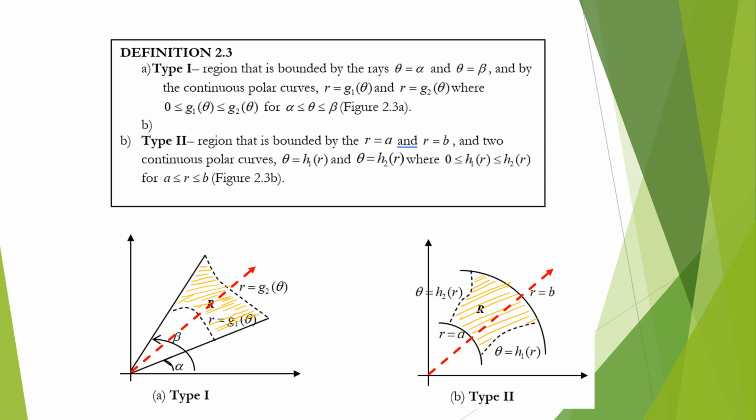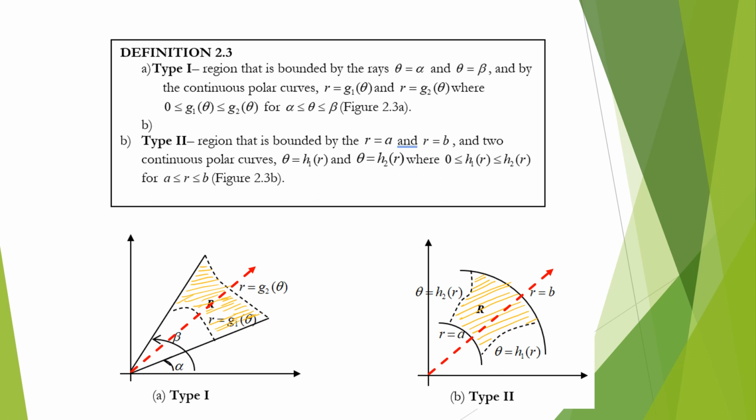Okay, we continue with our non-rectangular polar case here. We have two types, type 1 and type 2.